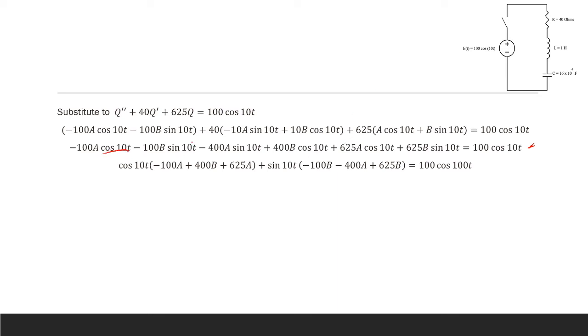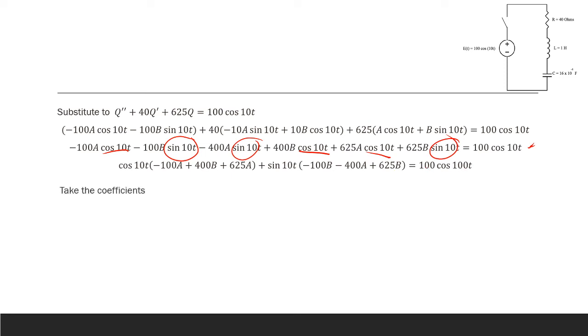So, factoring out, we will have cosine 10T times negative 100A plus 400B plus 625A, plus sine 10T times negative 100B minus 400A plus 625B is equal to 100 cosine 10T.